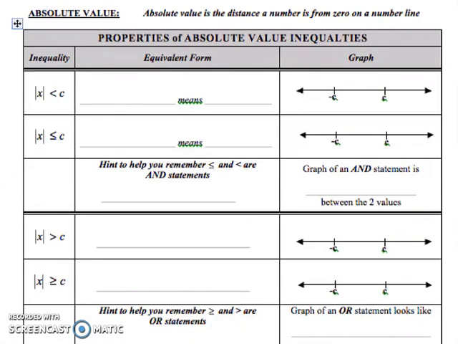Now we're going to change gears a little bit and start talking about absolute value inequalities. Remember, absolute value by definition is the distance a number is from 0 on a number line.